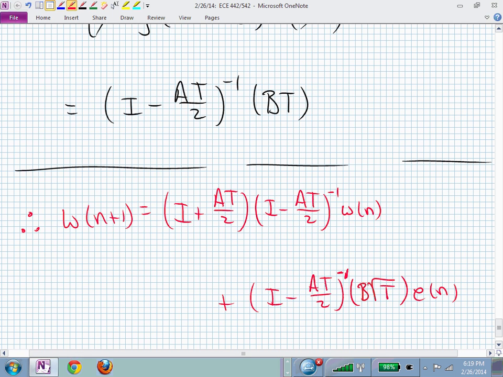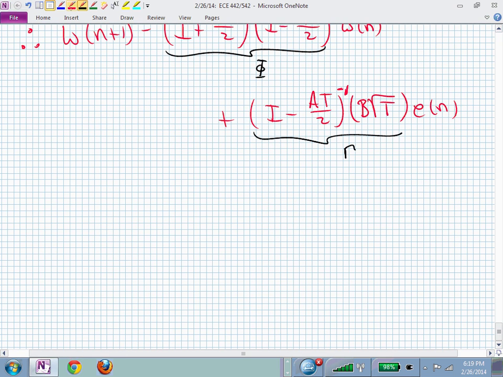And this is now our system matrix phi, and this is our input matrix gamma. Now we have something a little more interesting for our output equation. That doesn't just come straight across. U of n was equal to C times x of n, wasn't it?